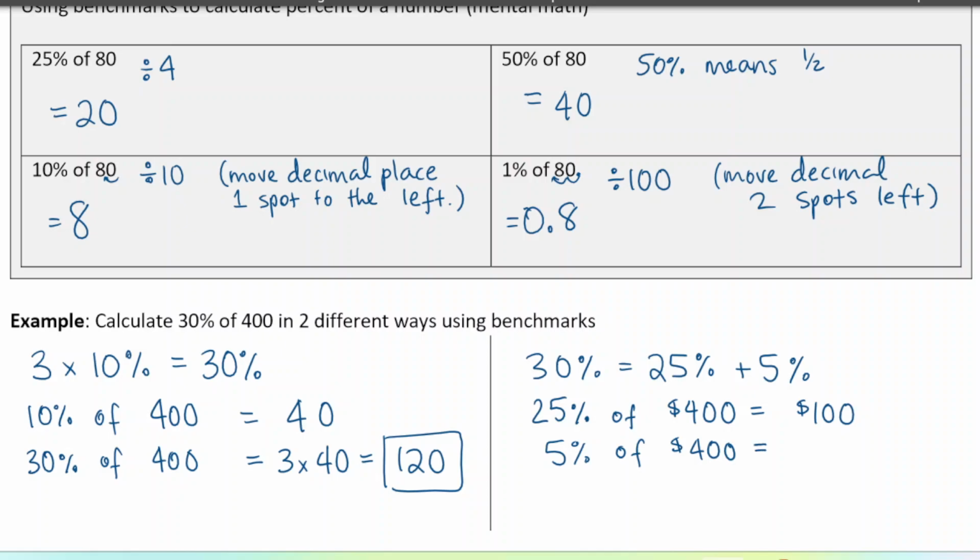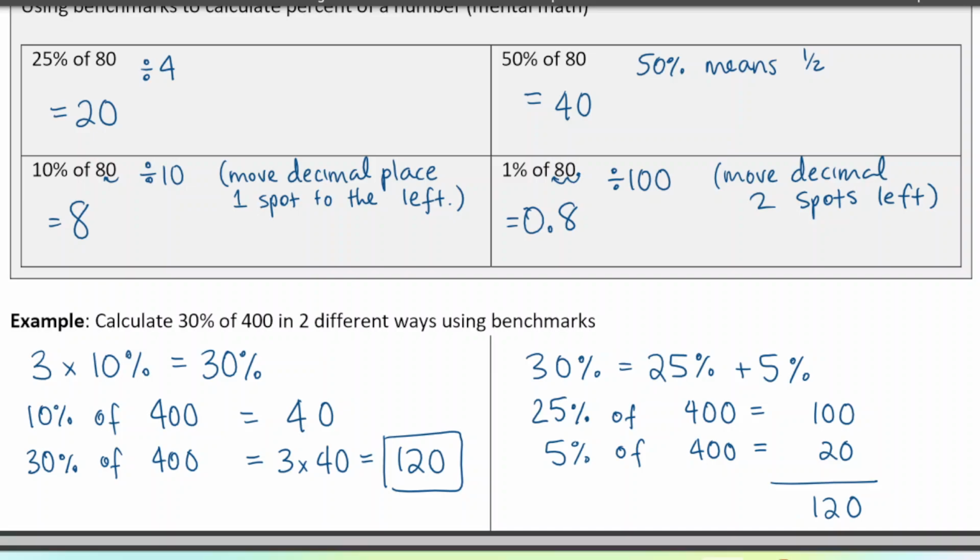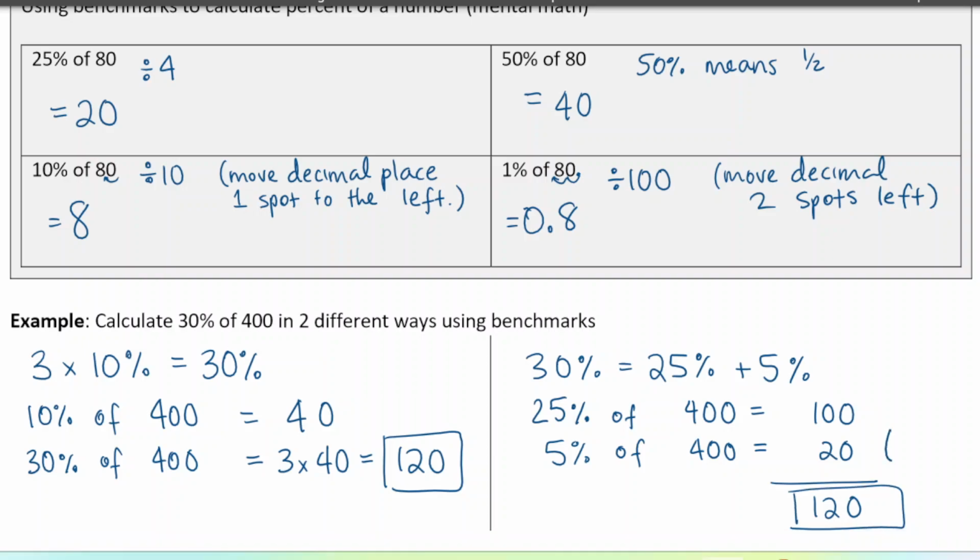So we already know 10% is 40, so it would be 20, half of that. And if we add those together, we get 120. Oh, I don't know why I'm doing dollars, but we can erase those dollar signs. There we go. I was just thinking in my example there. So same answer as we got on the right, just 2 different methods of doing so. I'm going to put half of 10% in brackets there so you know.